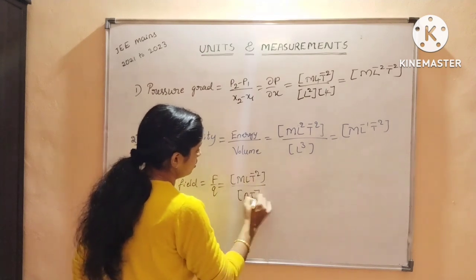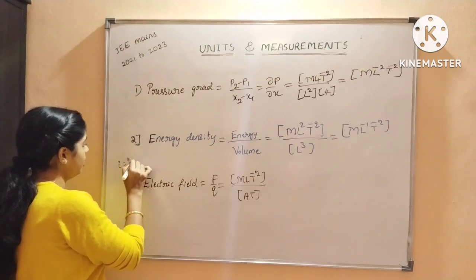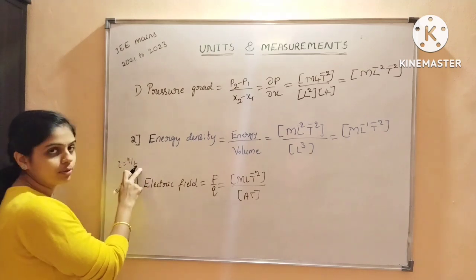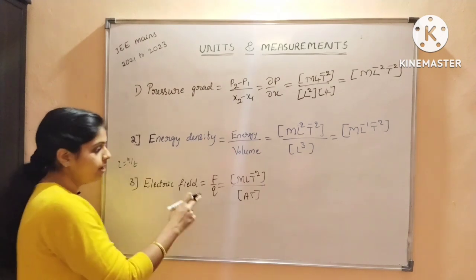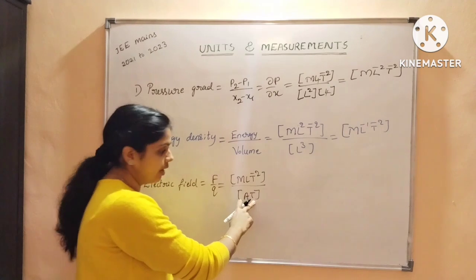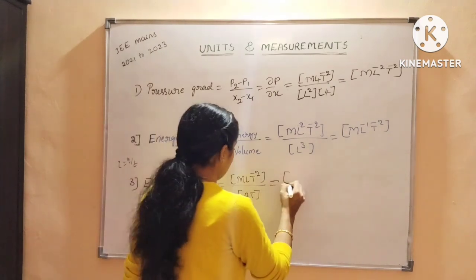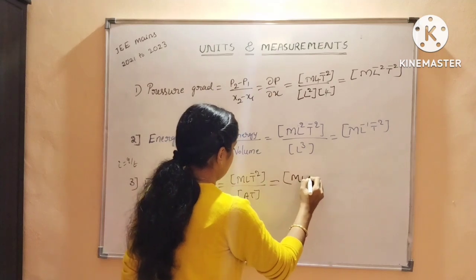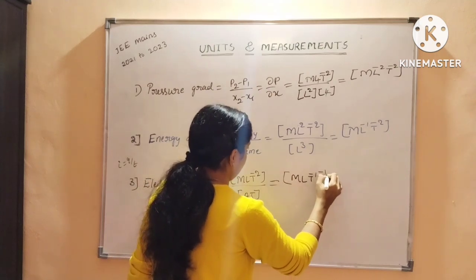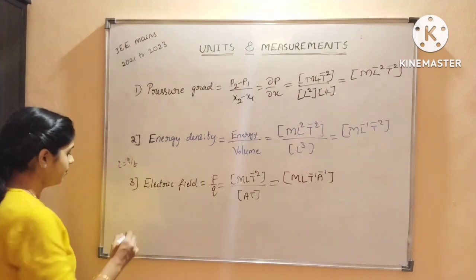Charge is AT, because I equals Q by T. Therefore Q equals I into T, where I is current, T is time. Current has the dimension A, T for time. Therefore AT is the dimensional formula for charge Q. So M L T raised to minus 3, A power minus 1 is the dimensional formula for electric field.